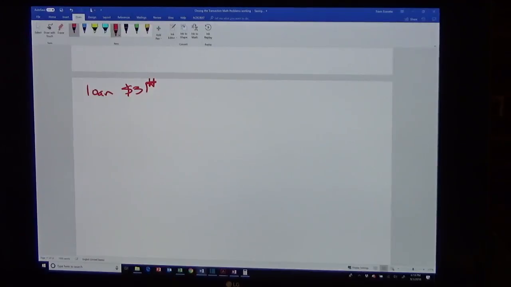Apologize for the computer issue here. I don't know why it's doing that. There we go. $310,000 loan times 90% loan to value.